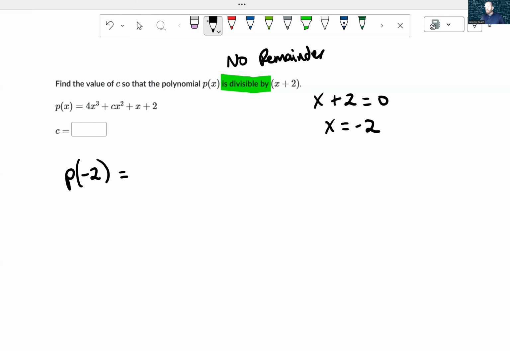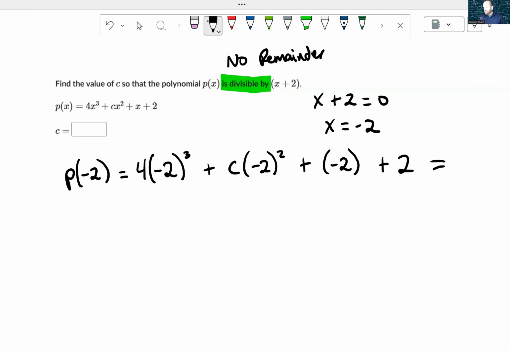So when there's no remainder, we're going to set p of -2 equal to 0. So we're going to write all of this like this. 4 times -2 cubed plus c times -2 squared plus -2 plus 2, all equal to 0.